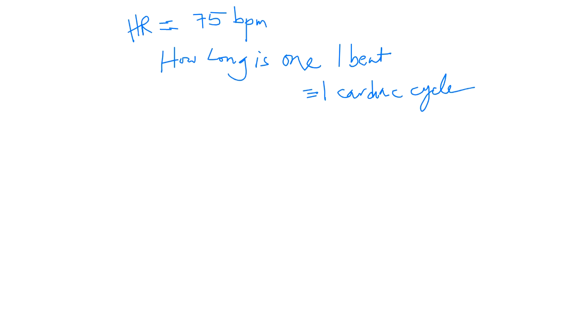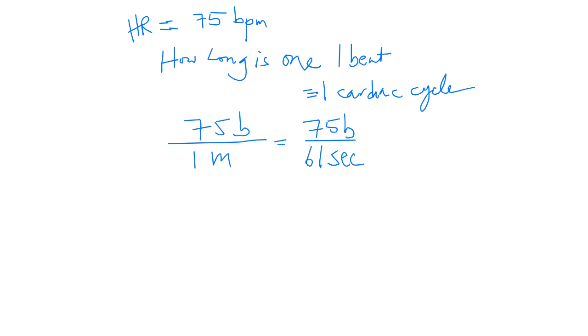So 75 beats per minute means 75 beats in 60 seconds. 1 minute is 60 seconds, right?